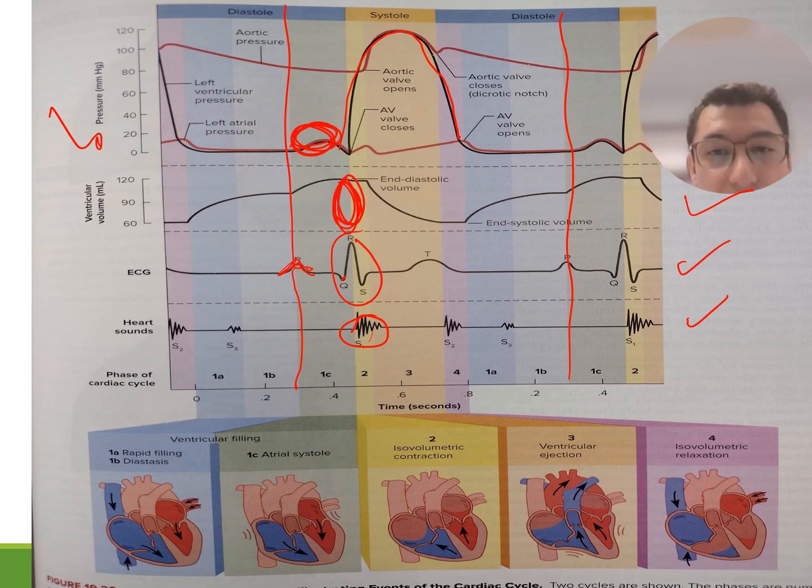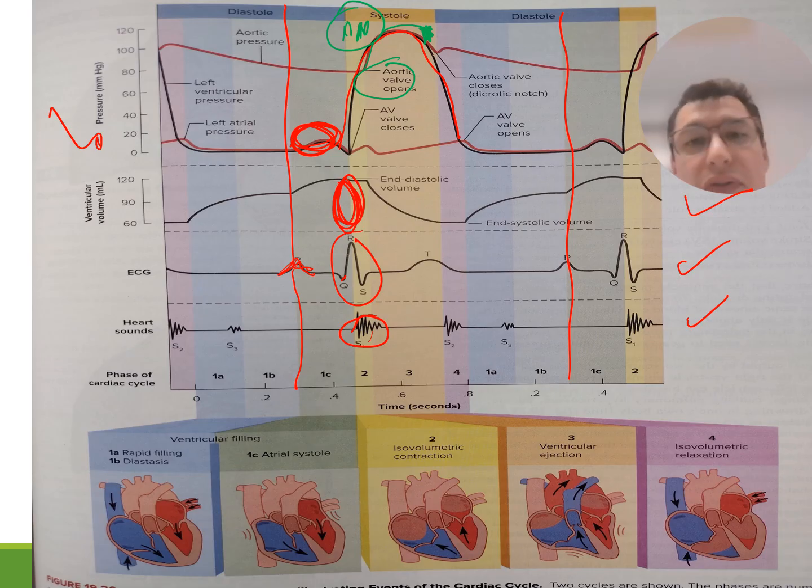And during the late phase, we open up those semilunar valves, and the semilunar valves then allow blood to move into the pulmonic and systemic circulation. We can see here that there is a change in color from light yellow to dark yellow, and this is that early phase of ventricular systole. And the aortic valve opens. Once it opens, we go into that late phase of ventricular systole.